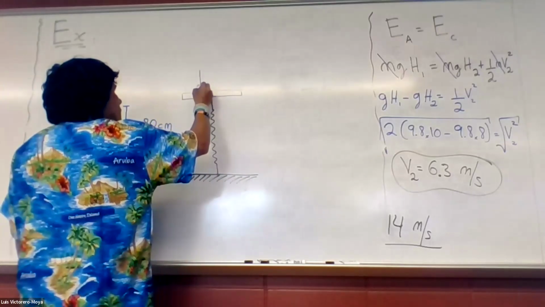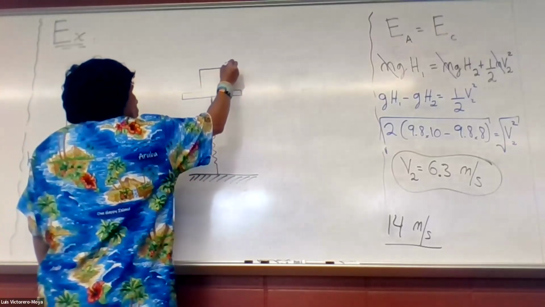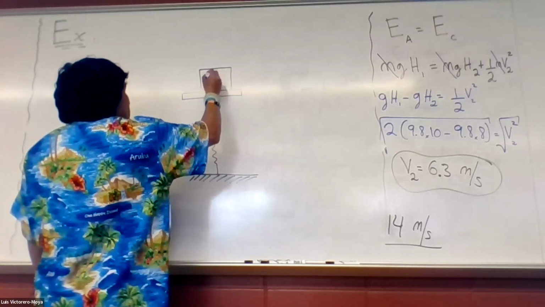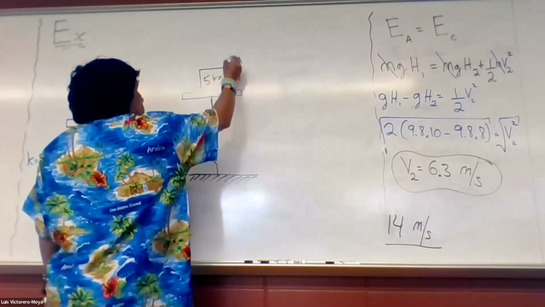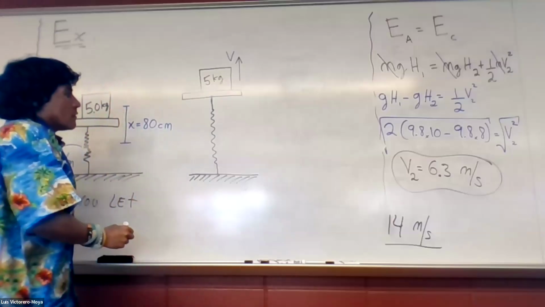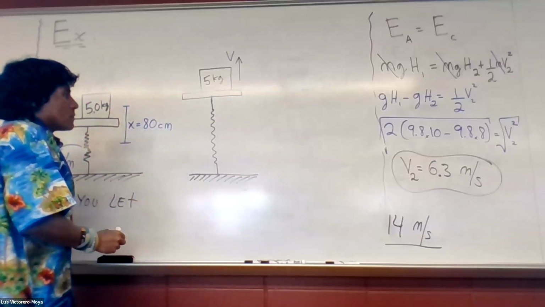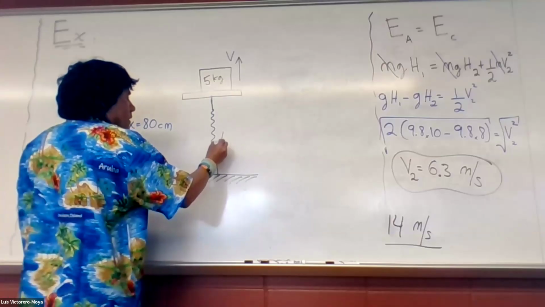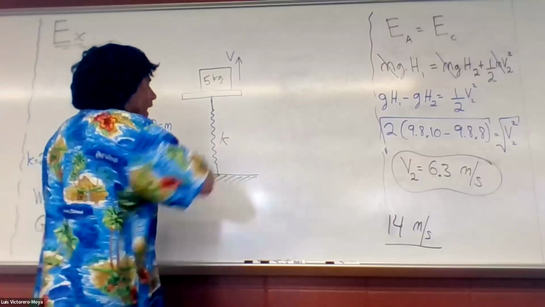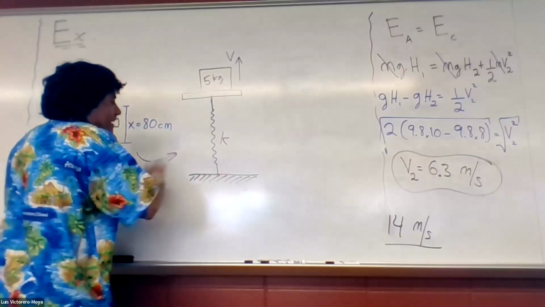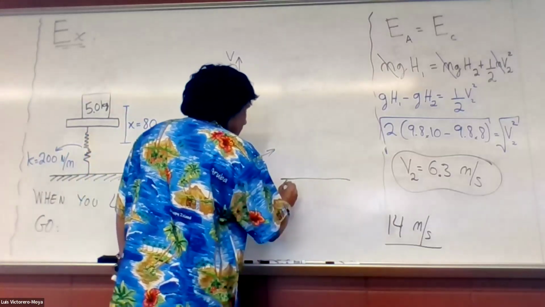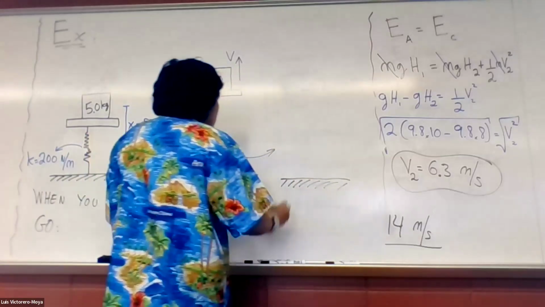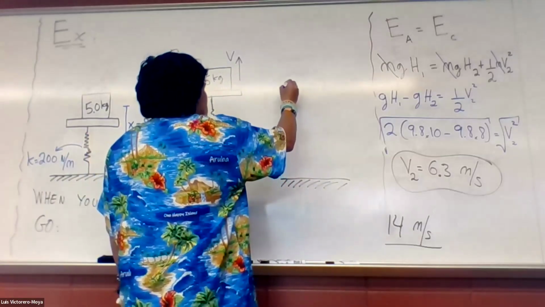The mass will gain some speed, V, right? And then what happens at the end, logically, the spring is still here, so this is there.